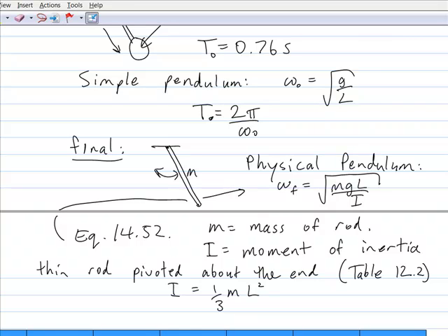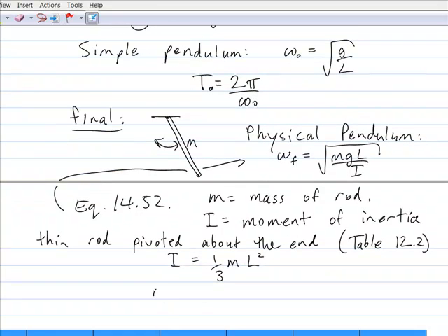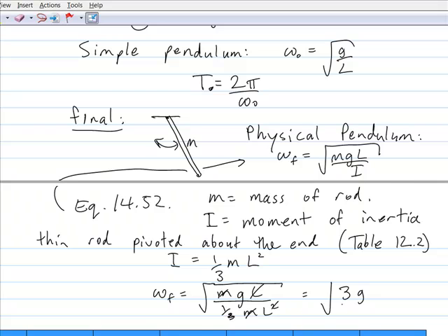So we can plug that in, and we'll see that omega final is equal to the square root of little m times g times L divided by one third little m times L squared. So this L cancels with the square, the m's cancel, and you get the square root of 3 times g divided by L.